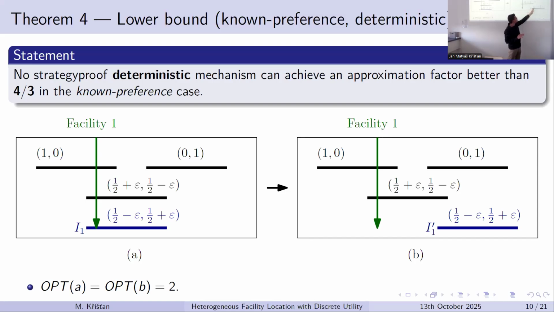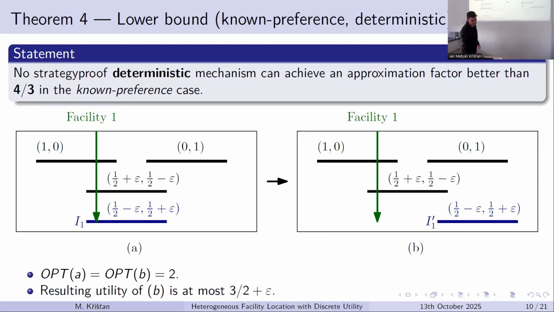But in particular, it cannot pick this solution with facility 2, because this agent would harm themselves by lying. So this means that in one of these, due to strategy-proofness, we have to get a worse result. So then we have the optimum 2, and the best we can do on the other instance is 3/2. And now we have 2 over 3/2, which is the approximation ratio of 4/3.